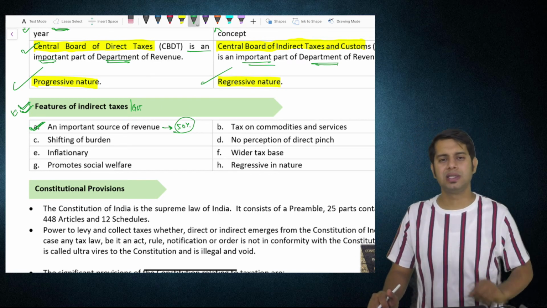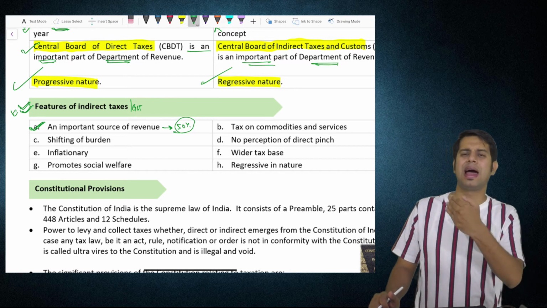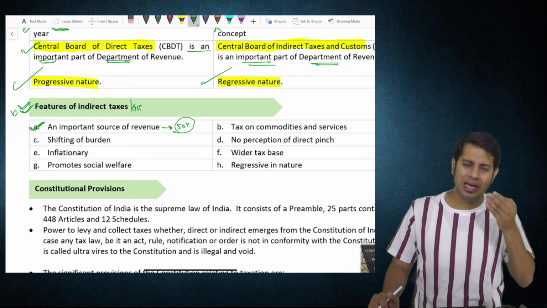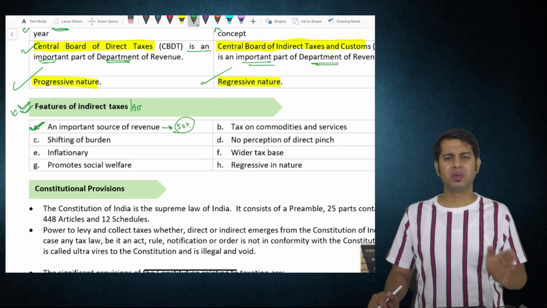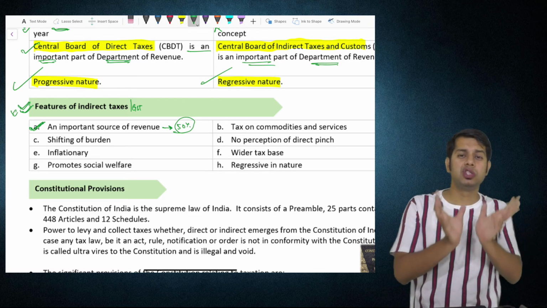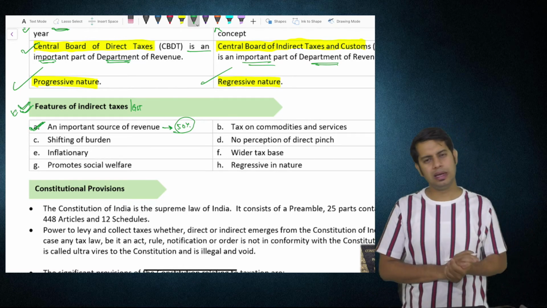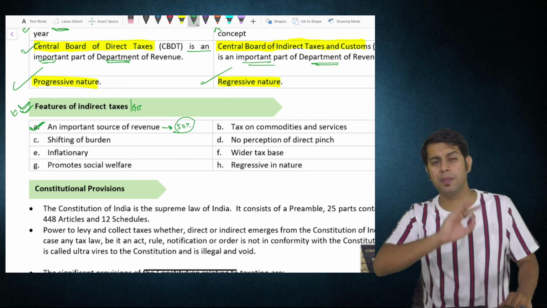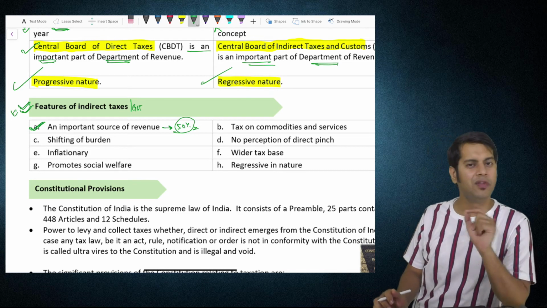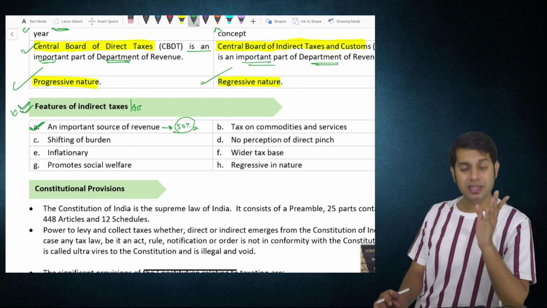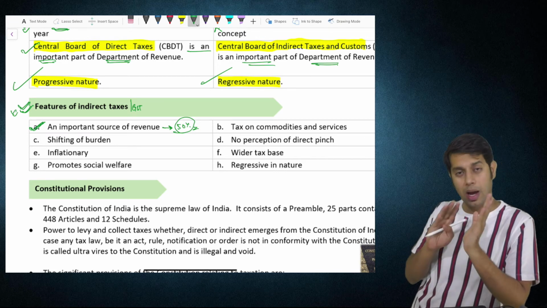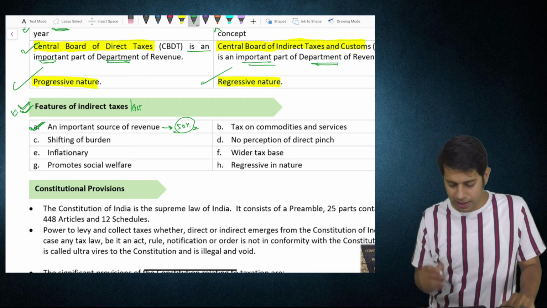There are different taxes levied by the government: entertainment tax, luxury tax, property tax, municipal tax, income tax, indirect tax, etc. The maximum revenue going to the government is in the form of indirect tax. And this indirect tax is divided between the central government and the state government. After division also, their maximum revenue is from indirect tax only.